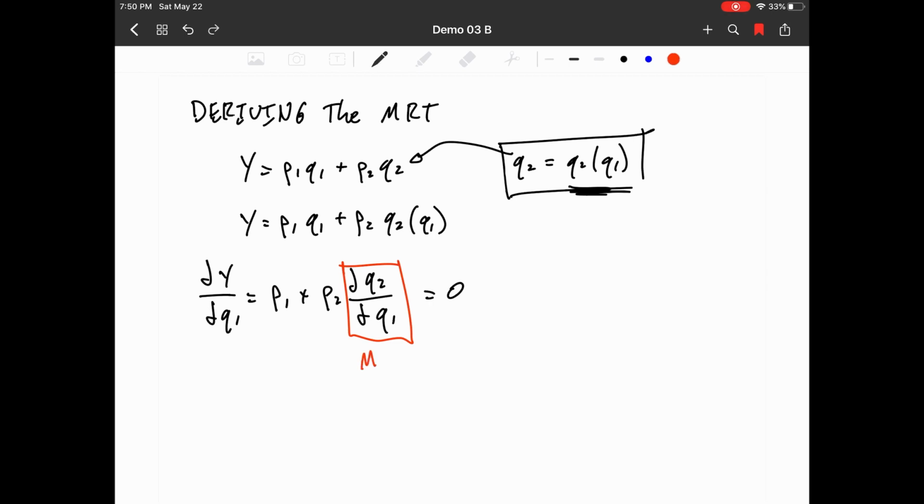So I'm going to rewrite this. The MRT is equal to negative P1 over P2. And in the background, you can be thinking about this as the derivative of Q2 with respect to Q1.